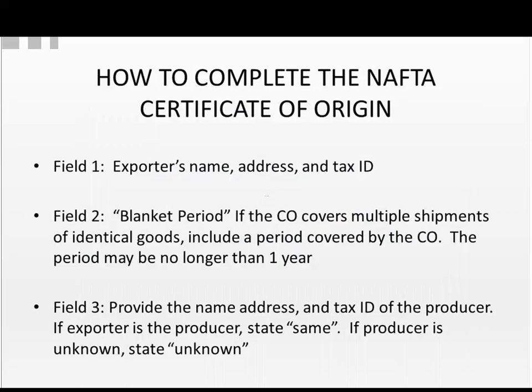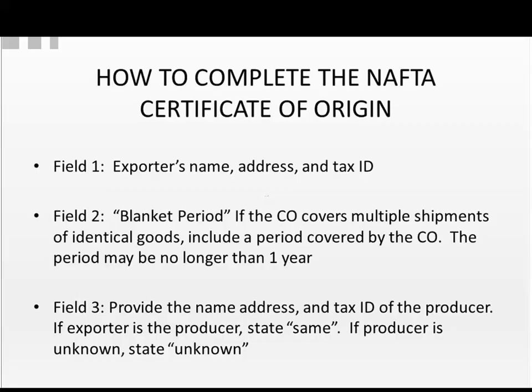Field number 2 is referred to as the blanket period field. That means the CO covers multiple shipments of identical goods, and that happens, as you can imagine, quite often. You have multiple shipments all the time, over various periods of time, of identical goods.